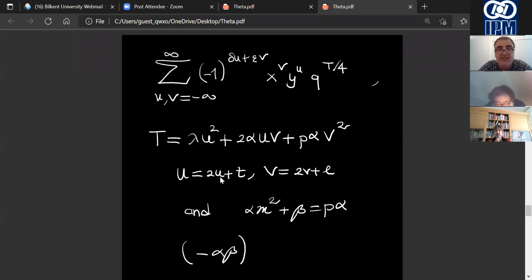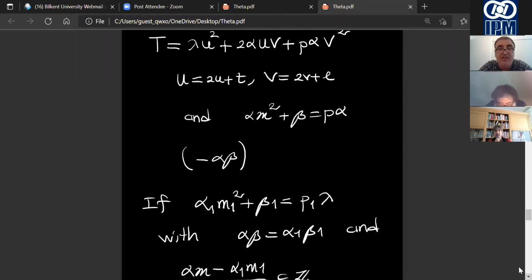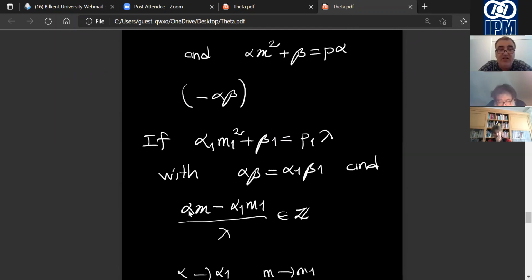So basically, again, the discriminant here is minus alpha beta, and if you can find alpha 1, beta 1, m1, and p1 satisfying this equation, also alpha beta equals minus alpha 1 beta 1, and this here is an integer.